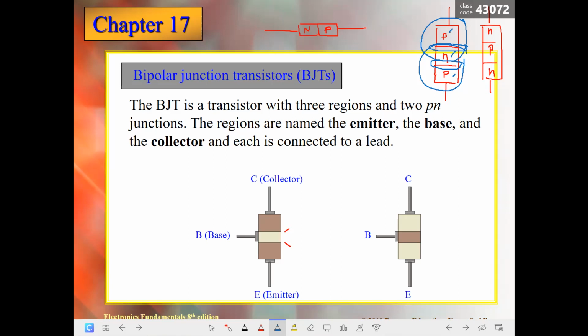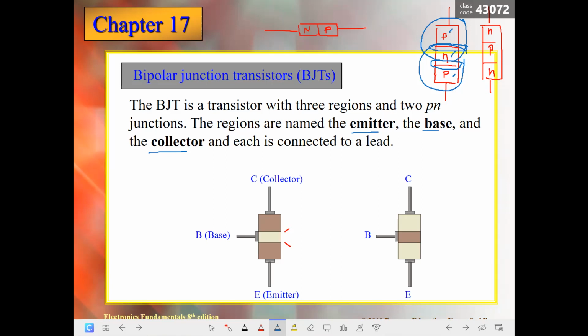Now, all BJT transistors are made up of three regions, regardless of whether they are NPN or PNP material combinations, but they have the same regions. One is what we call your emitter, the other is called your base, and the other is called your collector. Again, emitter, base, and then collector. Why is this very important?